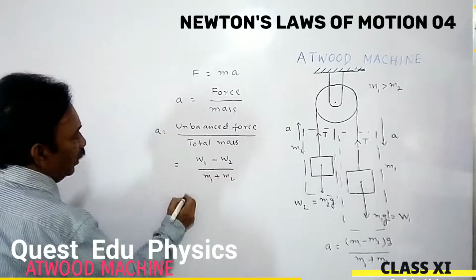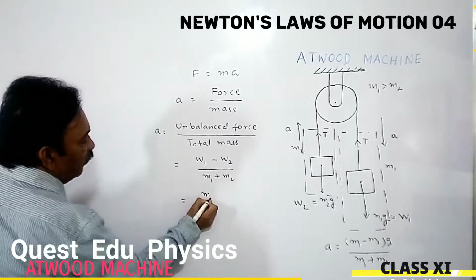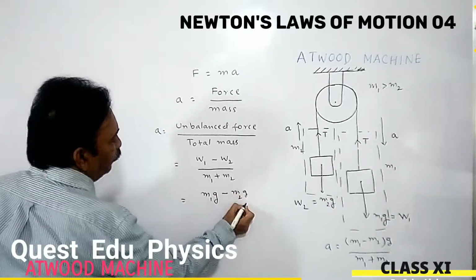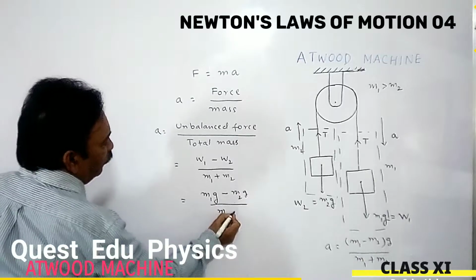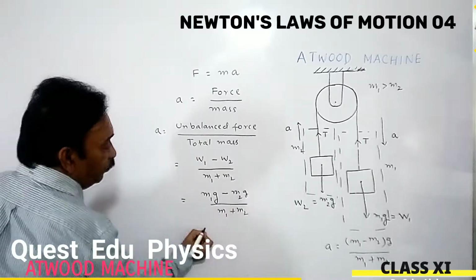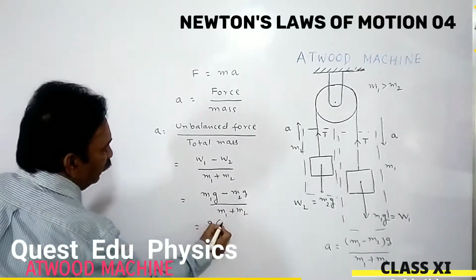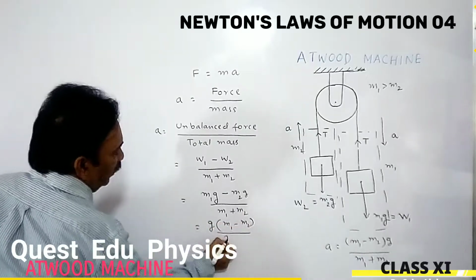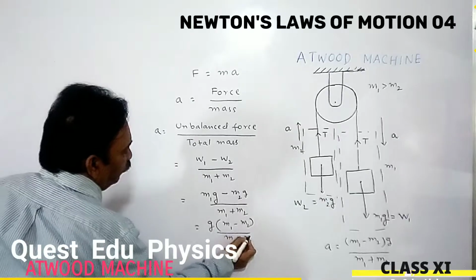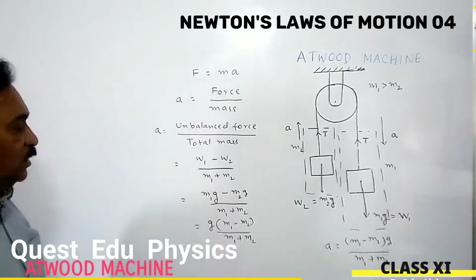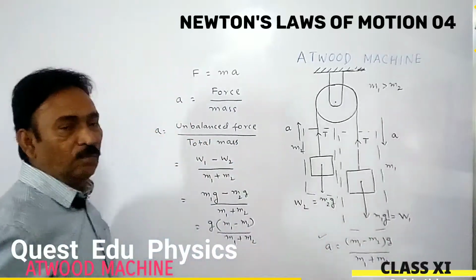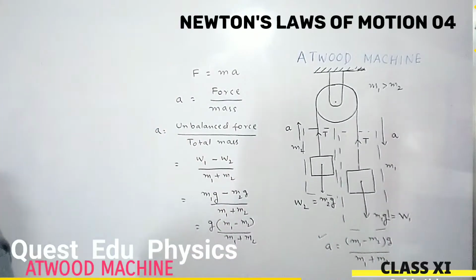W1 is equal to M1G, so it is M1G minus M2G by M1 plus M2, that is G of M1 minus M2 by M1 plus M2. It's the same result we yielded before. By watching that, you can solve any problem.